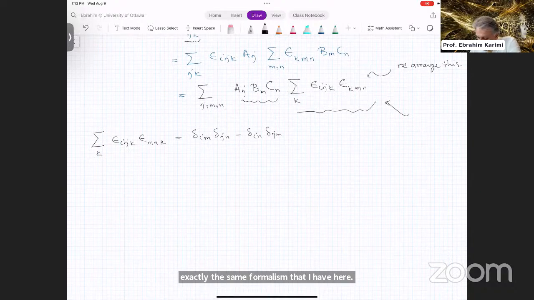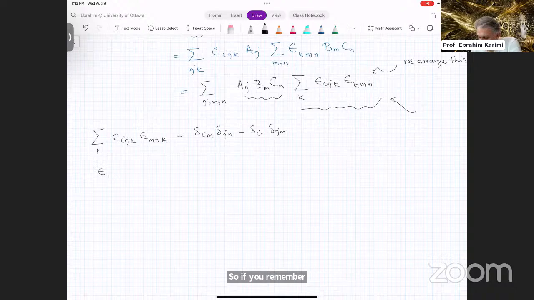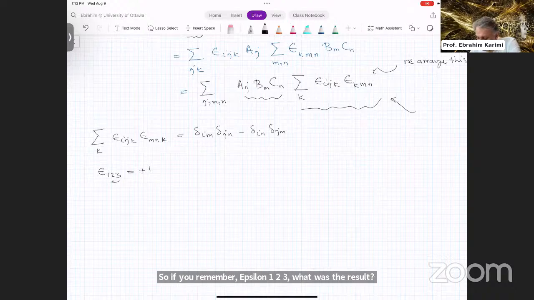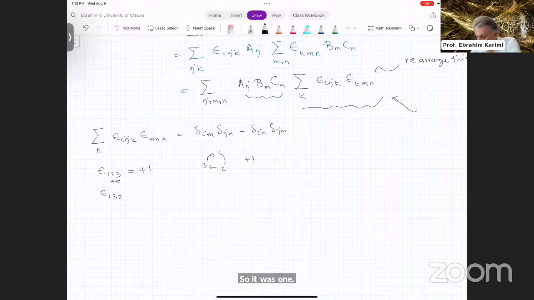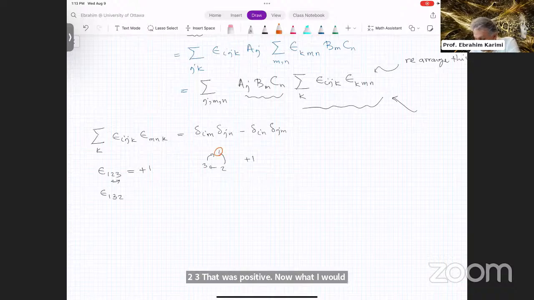So if you remember epsilon 1, 2, 3, what was the result? +1. What happens when I swap two indices? What is the result of epsilon 1, 3, 2? It was 1, 2, 3, that was positive. Now I go 1, then 3, then 2.